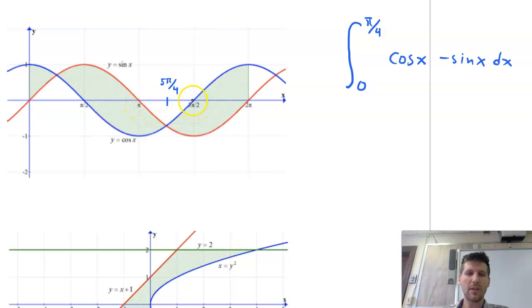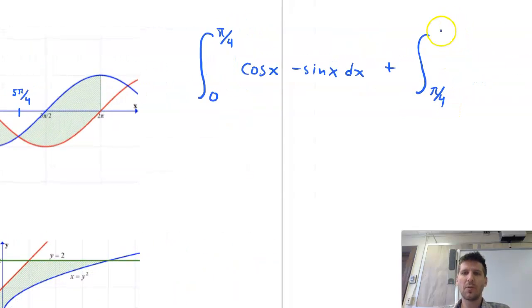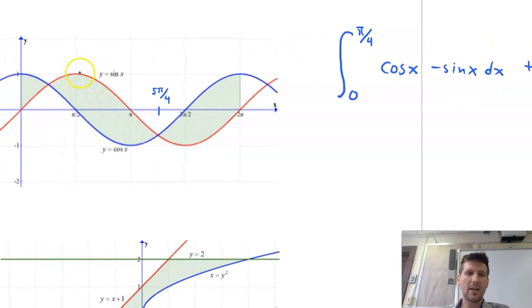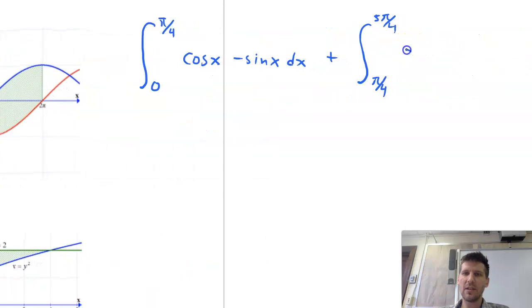This is equivalent to 6 pi over 4. So we'll do that until 5 pi over 4. And in this case, the red function is the upper function, sine of x minus cos of x dx.